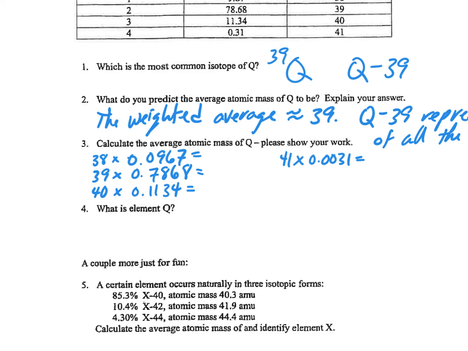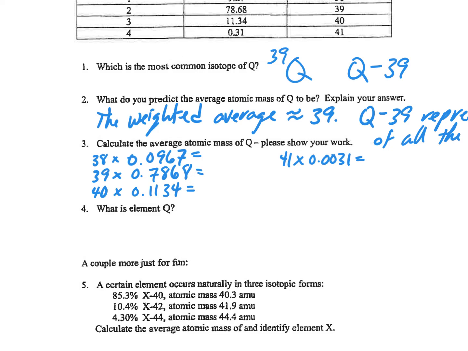If you were actually given the atomic masses in AMU for each of these isotopes, you would use that. So always use the best information given. In this case, 38, 39, 40 and 41 are given, but those are only the mass numbers, not the real atomic masses. Later on, we'll try a problem where we're actually given atomic mass.